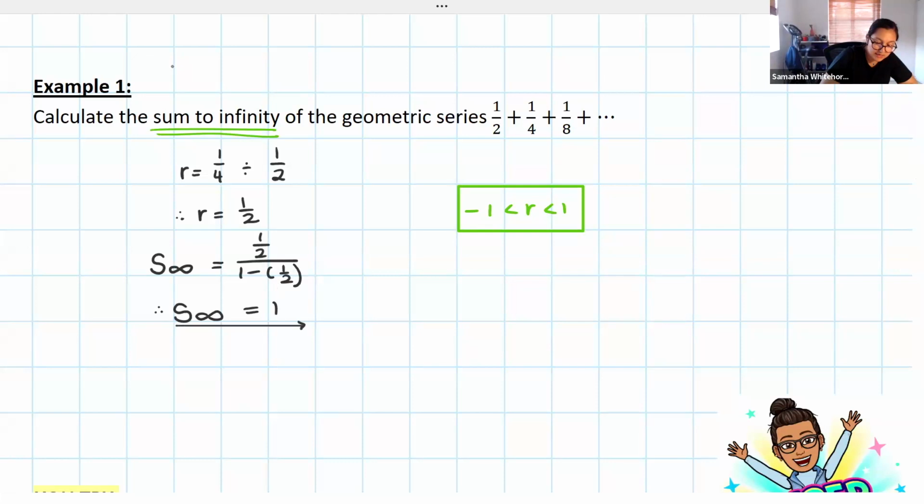So as we start to add an infinite number of terms in this specific series, we are going to converge on the value, or get closer and closer and closer to 1. So your decimals will be a half, 0.25, whatever 1/8 is.